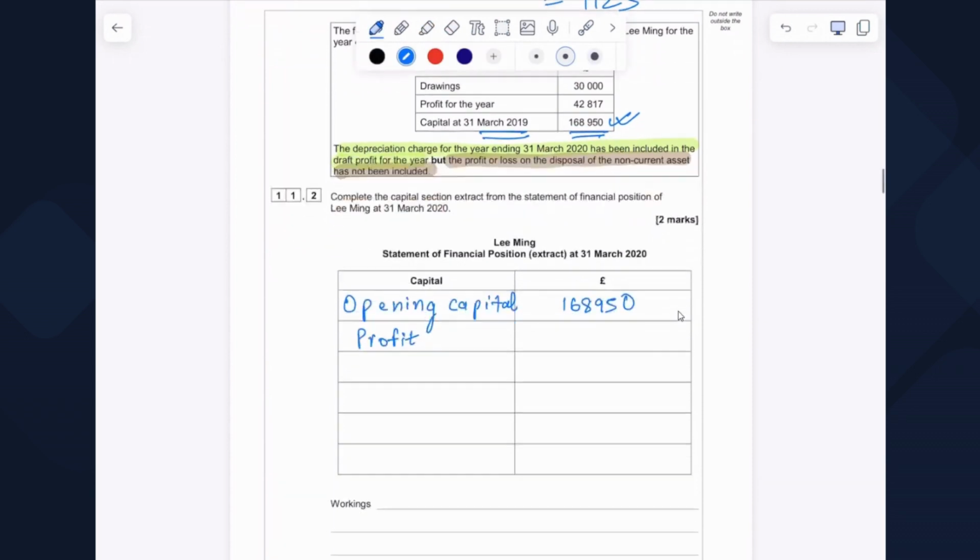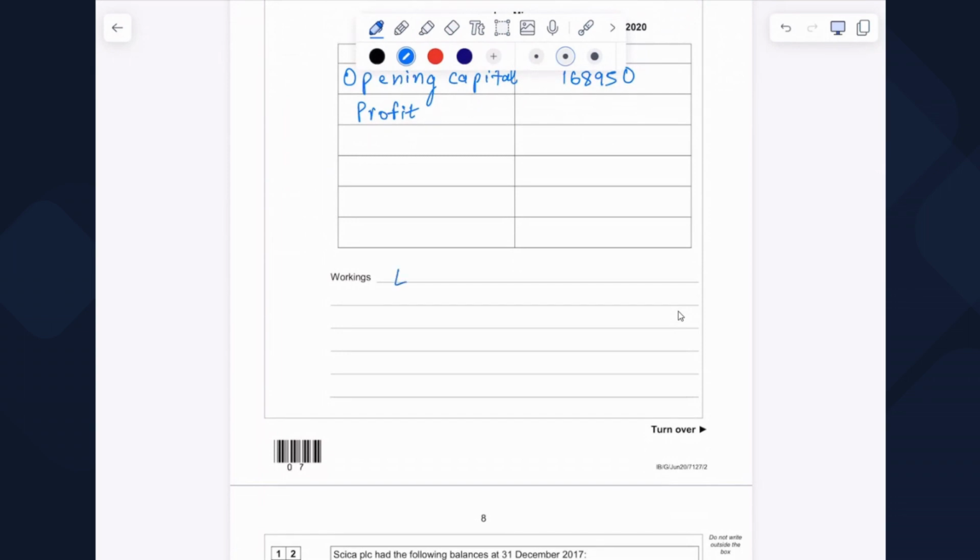Now, let's just go to the working space. So we know that we have a loss on disposal of £1,125. So if we have a loss on disposal, this means that the total expenses of the business will now increase by £1,125. Always remember that profit on disposal is an income and loss on disposal is an expense for the business.